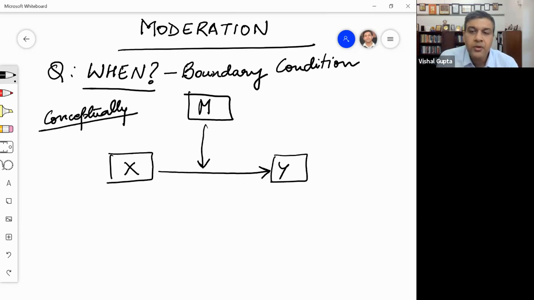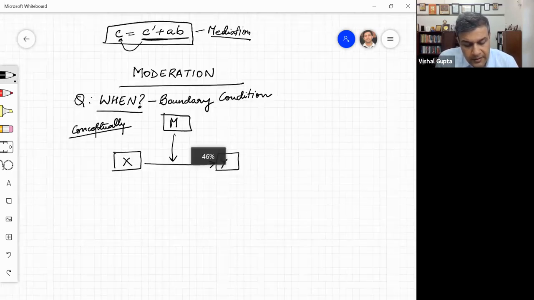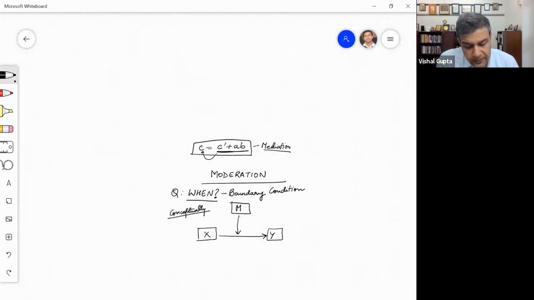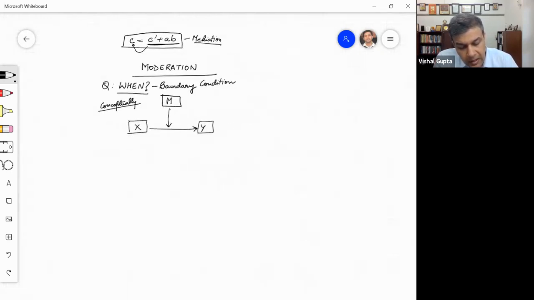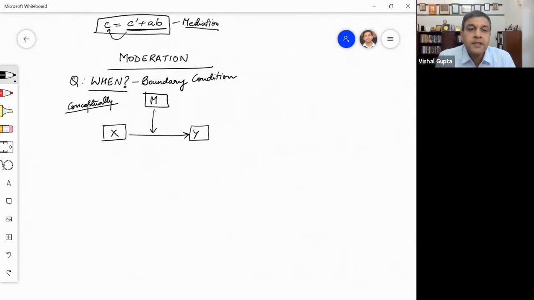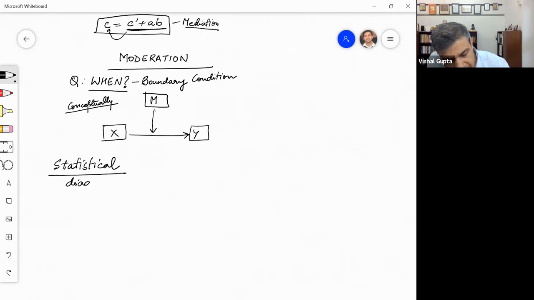Okay, this is the conceptual representation of a moderator model, of a moderation. Do not get confused between a moderator representation and a mediation representation. Okay, so if this is the conceptual representation, how is this studied? How will we understand it in our statistical analysis? So we call it the statistical diagram or statistical representation.